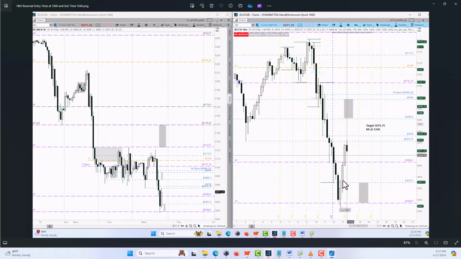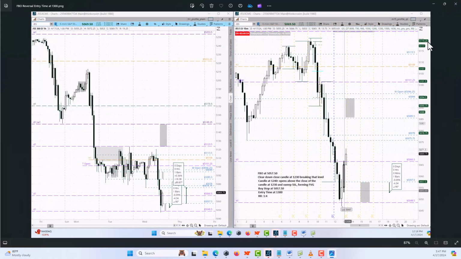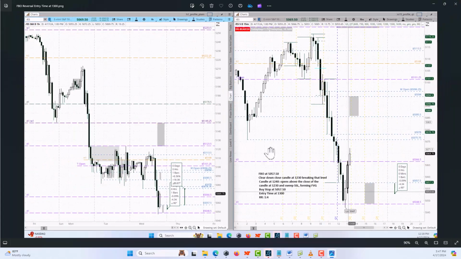So only 3 candles and we hit our target. Yeah, right here at 50.75. Sorry, 75, not 78. This is the bearish breaker. Yes, the 75, not 78.